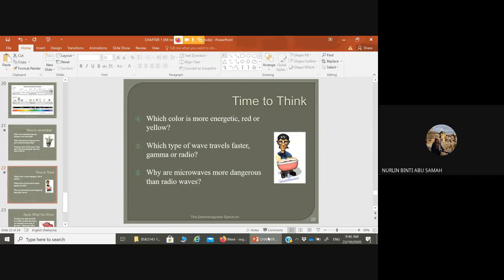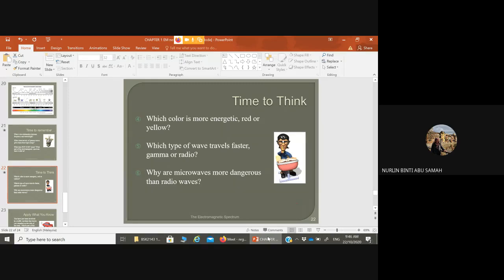Okay, why are microwaves more dangerous than radio waves? When we talk about more dangerous, it means that we refer to the high energy. When the electromagnetic wave produces high energy, it will be harmful to you. So this is the definition of more dangerous.